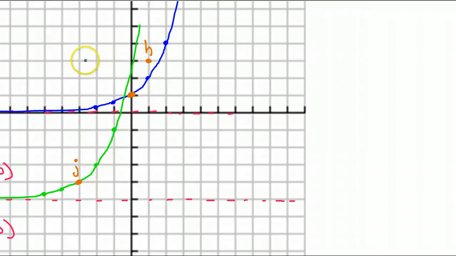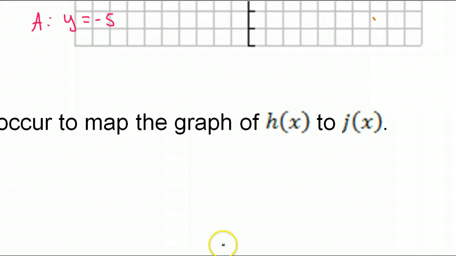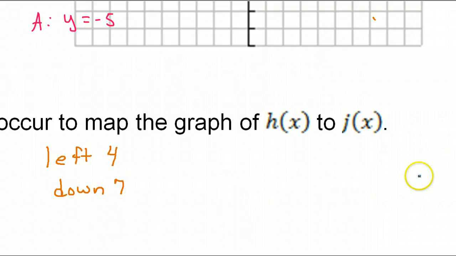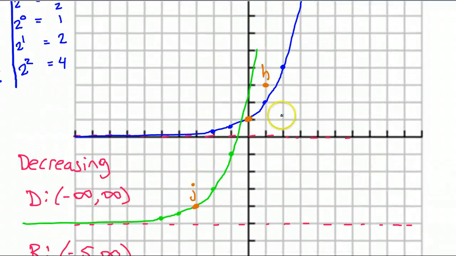So I'd have to go left 4 and down 7. Alright, so that is the transformation that would do it. So just write that down. Alright, left 4, down 7. So I think the easiest thing to do is pick one key point and do the two transformations and then see how far they are apart.